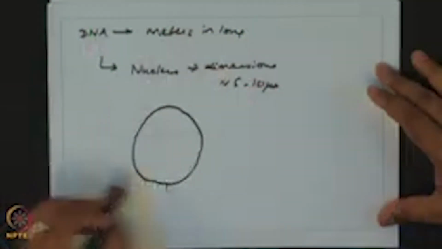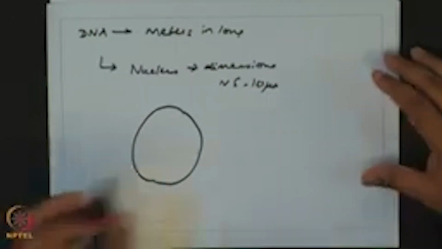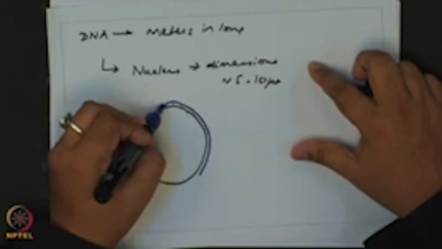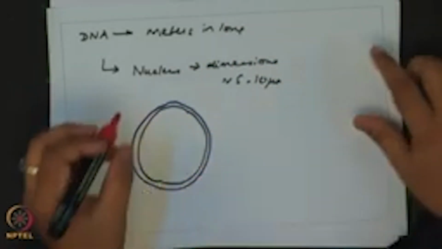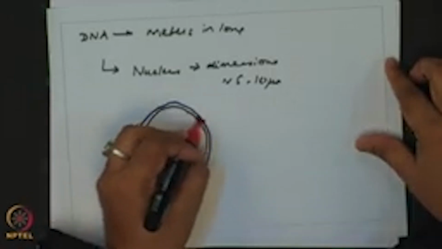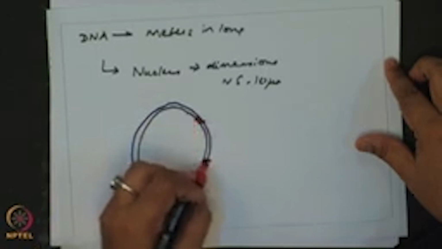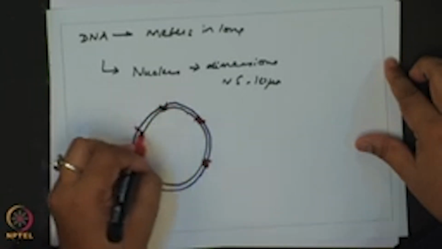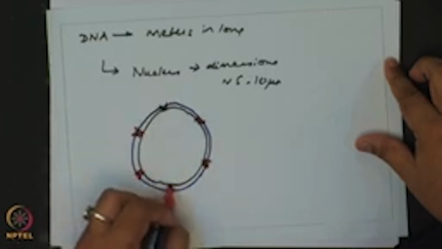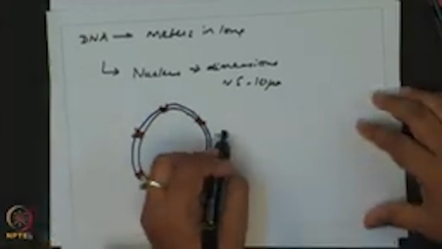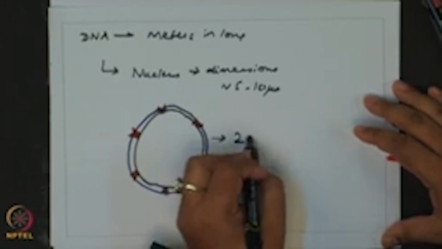Now, what are the constituents of the nucleus? If I were to draw the nucleus, the nuclear membrane has two membranes.